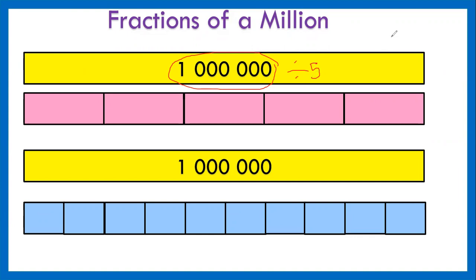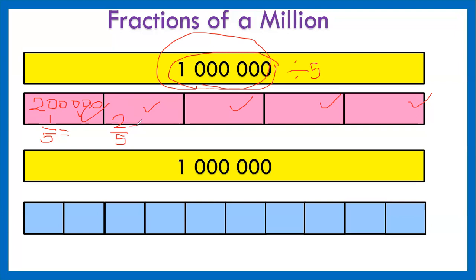If you do the standard written method, every part will be worth 200,000. 200,000, 400,000, 600,000, 800,000, 1 million. So the fraction represented here is 1/5. So 1/5 of a million is 200,000.